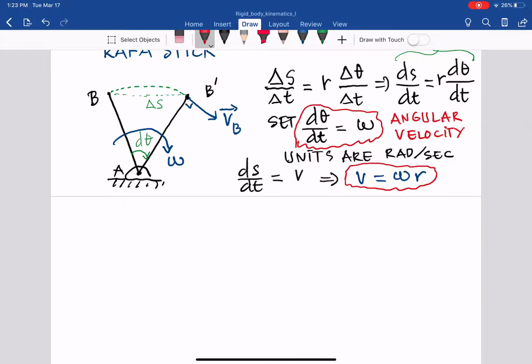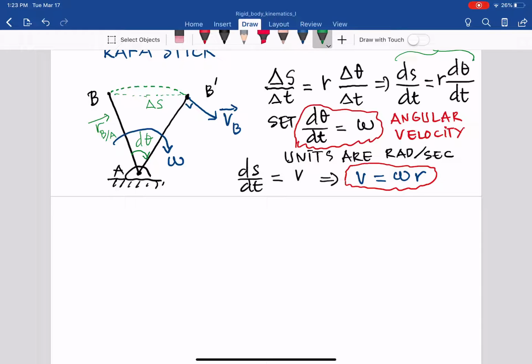As you can see, v, the velocity of point B, and omega have a relationship. What is the radius? The radius is basically the position vector that I write down here, the position vector to B from A. That is the radius.